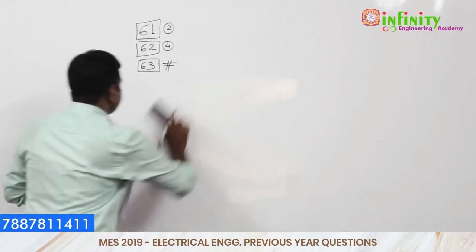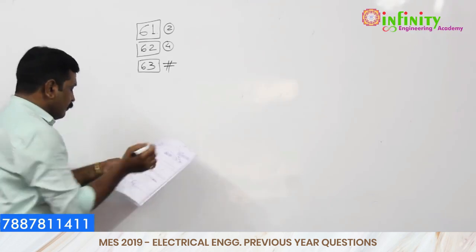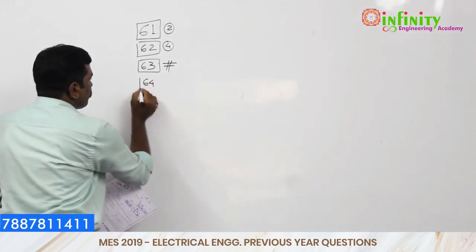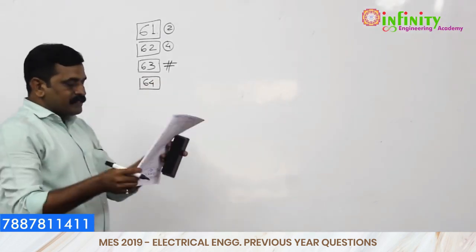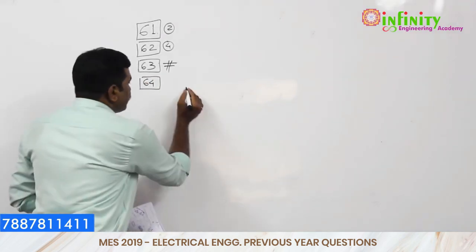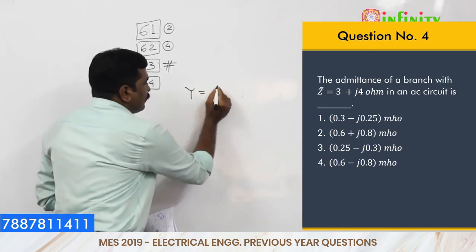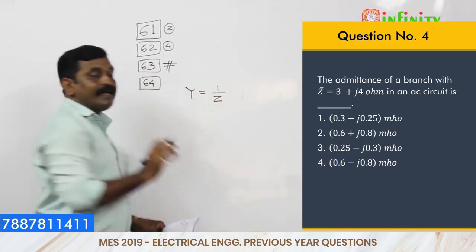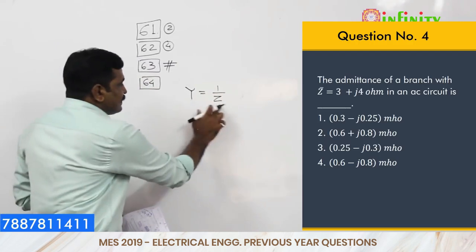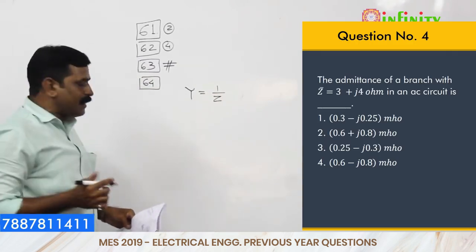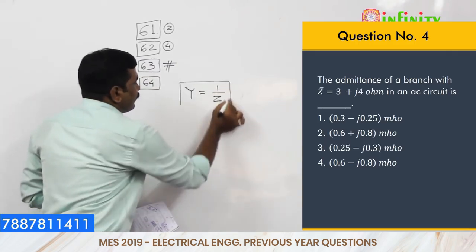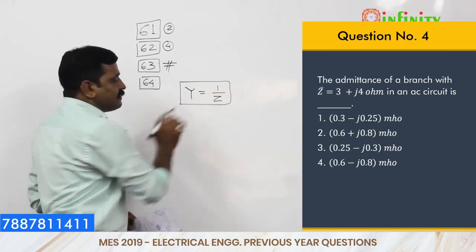Then the next question, 64. This is a question related with the admittance. Why? Admittance is always the reciprocal of impedance. So this is the particular reciprocal relation between the admittance and the impedance.